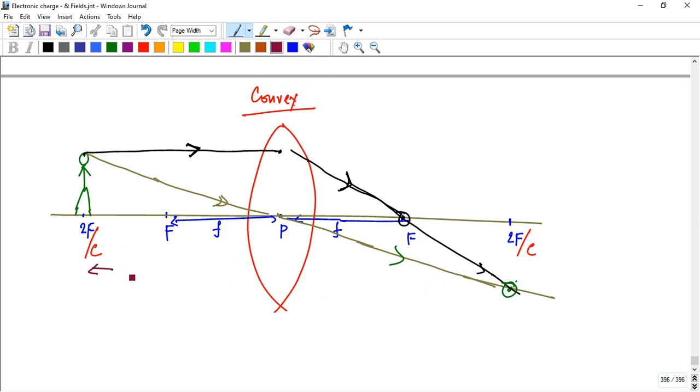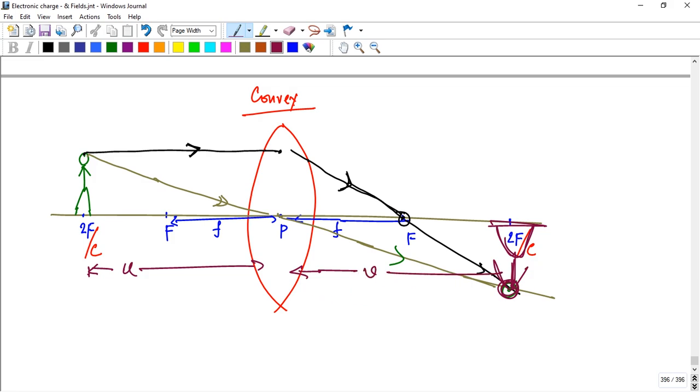Here you see u, the object distance from the pole to the center of curvature, and v, the image distance, where the image is created. The image is inverted.